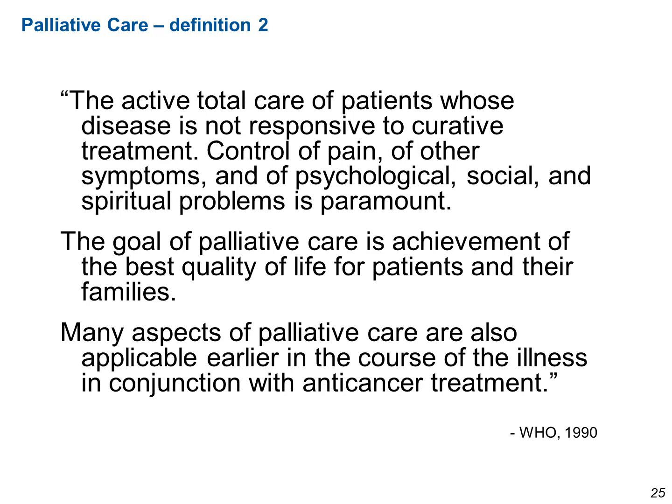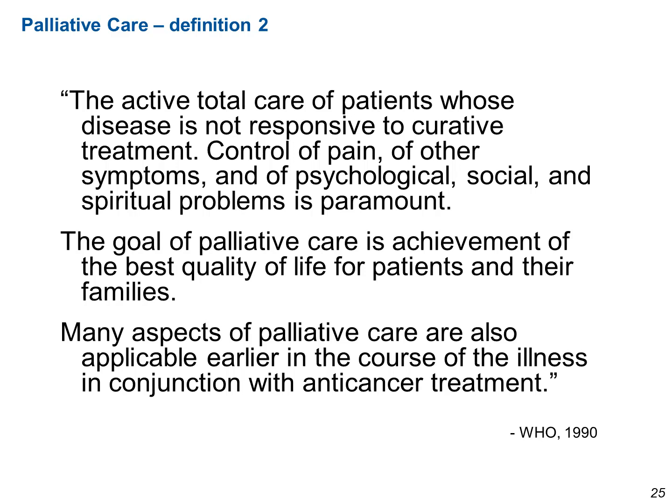Prior to that, in 1990, WHO had defined it somewhat similarly as the active total care of patients whose disease is not responsive to curative treatment. Control of pain, of other symptoms, and of psychological, social, and spiritual problems is paramount. The goal of palliative care is achievement of the best quality of life for patients and their families.